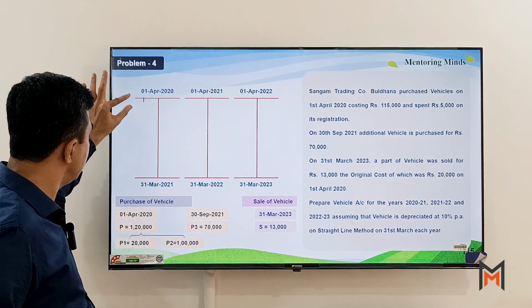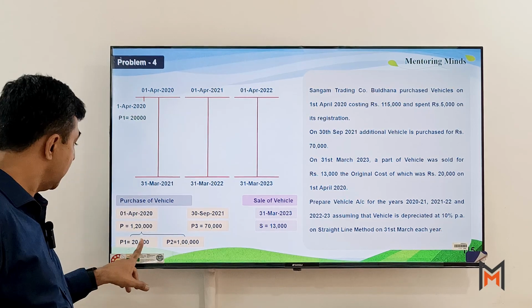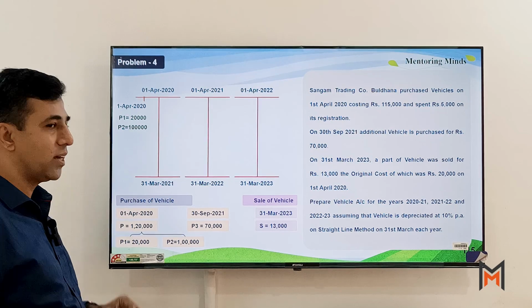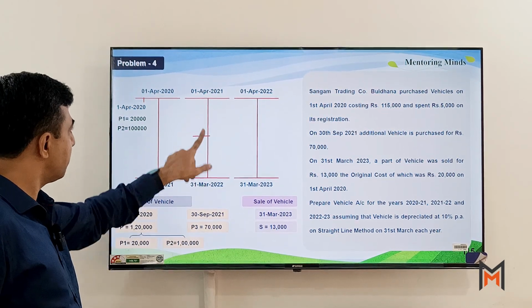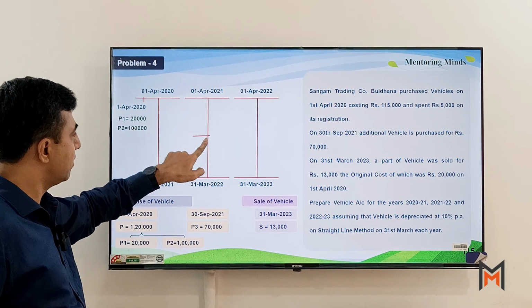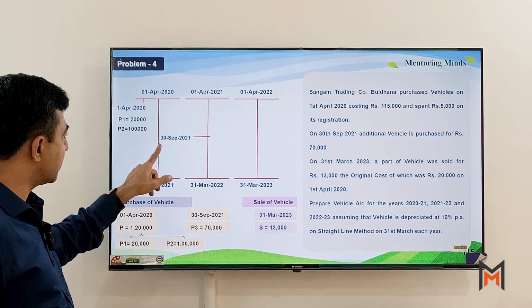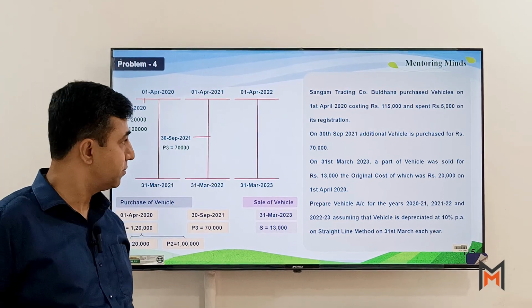So here we are purchasing the asset on 1st April 2020 and here there are two parts. So first part is of 20,000, the other one is of 1 lakh. Then on 30th September 2021, 30th September 1st April के बाद आता है and this second asset we are purchasing it for 70,000. Great.